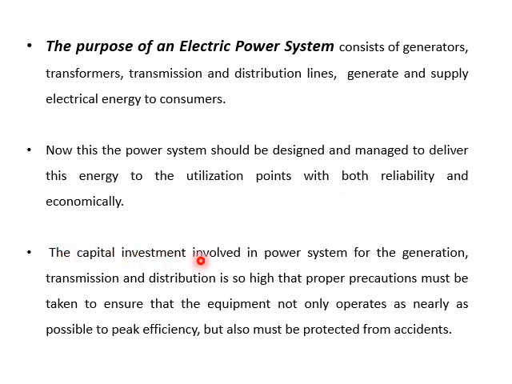The capital investment involved in the power system for generation, transmission and distribution is so high that proper precautions must be taken to ensure that the equipment not only operates as early as possible at peak efficiency but also is protected from accidents.